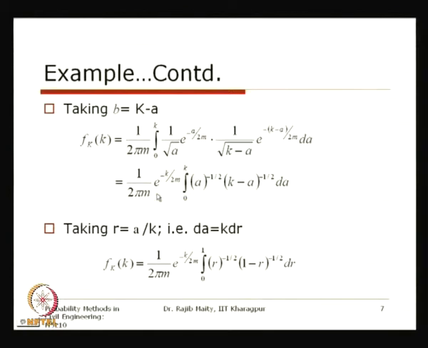Now, if we do this integration, we will get 1 by 2 pi m exponential of minus k by 2 m, integration 0 to k of a power minus half, k minus a power minus half, da. Now, a closed form integration is not available directly, but if we replace a by k by r, that is r equals a by k, then the integration limit will be 0 to 1, and it will be r power minus half and 1 minus r power minus half dr. Now, this is nothing but a beta function with parameters half and half, which can also be expressed in terms of the gamma function, and a few standard values of the gamma function we know.